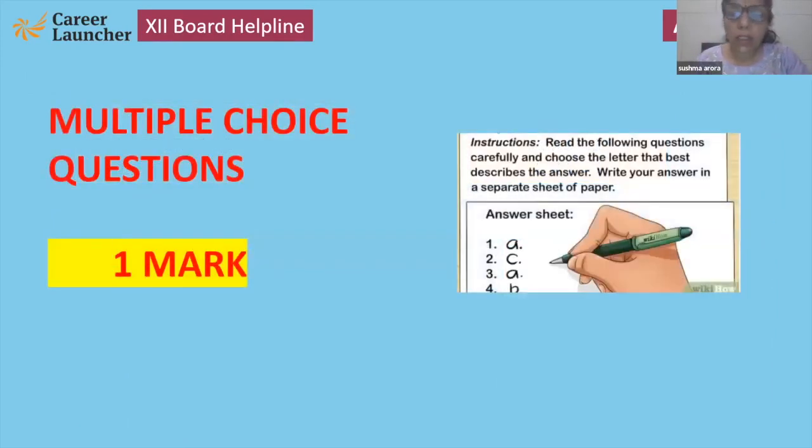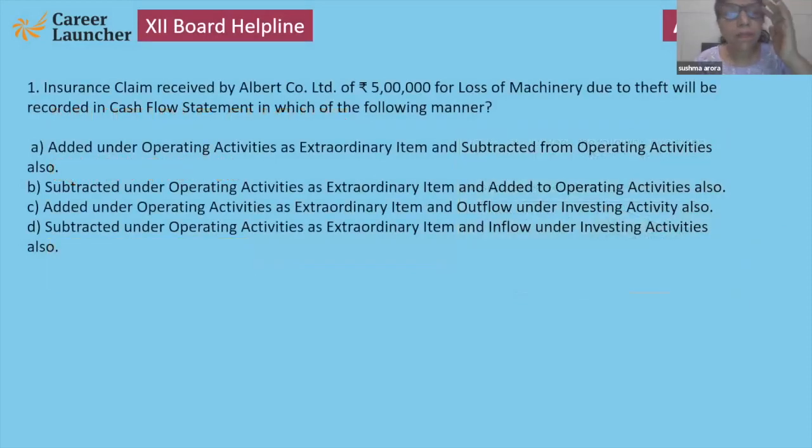Now, as you know, multiple choice questions will be there. Yes, children, that question I gave you in the Telegram channel as well. Insurance claim received by Albert Company Limited of 5 lakh for loss of machinery due to theft will be recorded in cash flow statement in which of the following manner?